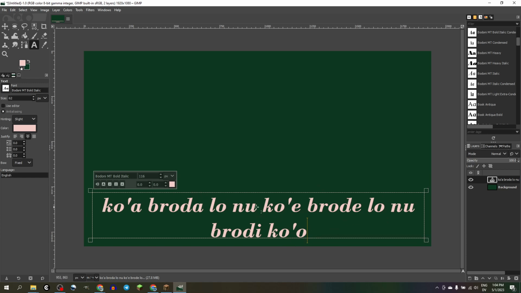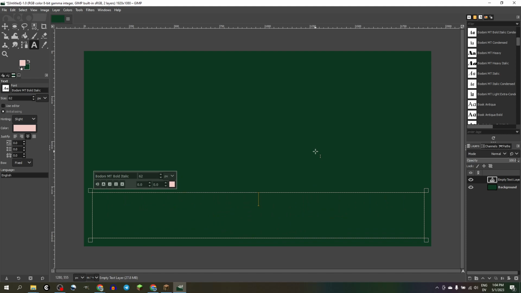You're gonna say, okay, now the thing inside the nu is that there's koha broda lonu, and then we have an embedded sentence, and then the shape of the embedded sentence is the same thing again, kohe broda lonu, and another embedded sentence. So we're just gonna see these big shapes like koha broda lonu. All right, that's more the level of the shape on which you're gonna recognize the sentence.